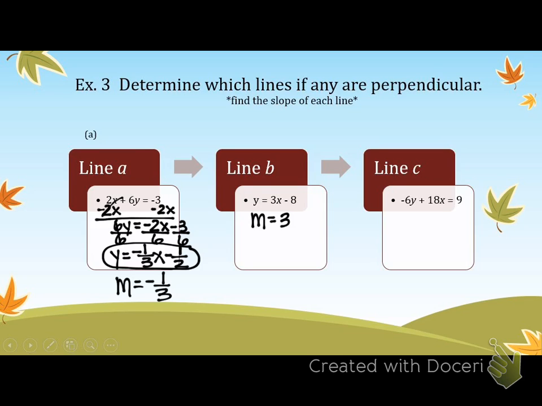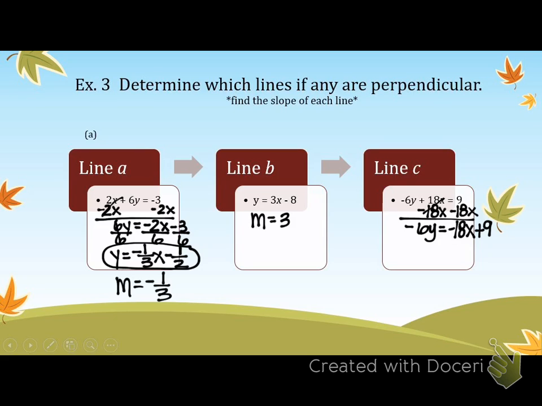All right, Deja, line C, is it in the correct form for us to easily find the slope? No. So what do we have to do first? Good. We're going to move the x term, and we're going to subtract 18x. So we have negative 6y equals, again, we're going to bring down that x term first, then bring down that constant.